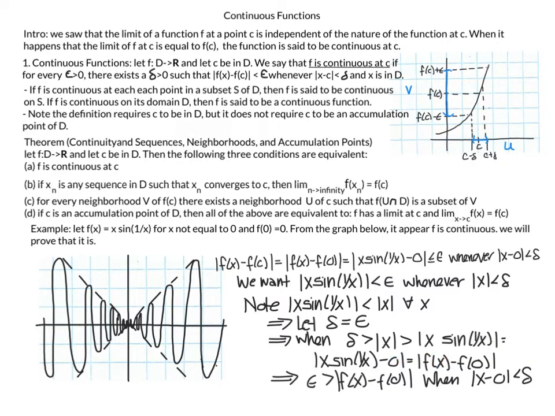That implies epsilon is greater than the absolute value of f of x minus f of 0 when the absolute value of x minus 0 is less than delta, which is exactly the condition we need to show for a continuous function. So these are the calculations you would plug into your proof template, which I haven't provided you, but you can pattern it after the proof template for the definition of limits.